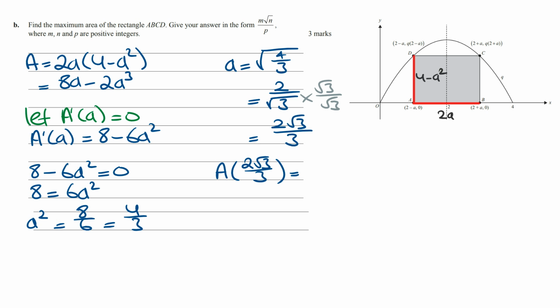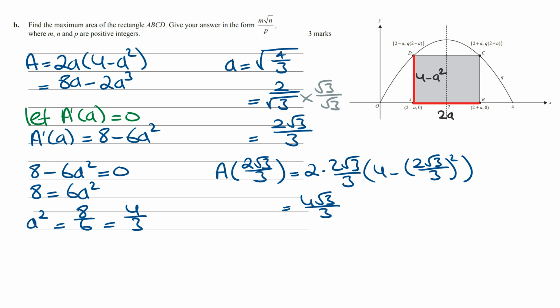And so this is going to be 2 times 2 root 3 on 3 times 4 minus 2 root 3 on 3 squared. And so this is going to be 4 root 3 on 3 times 4 minus 4 times 3 over 9.